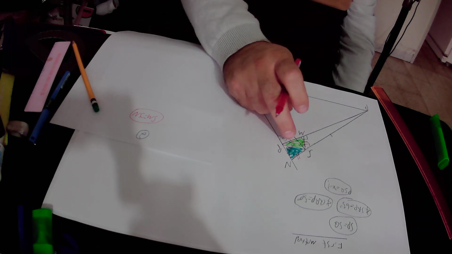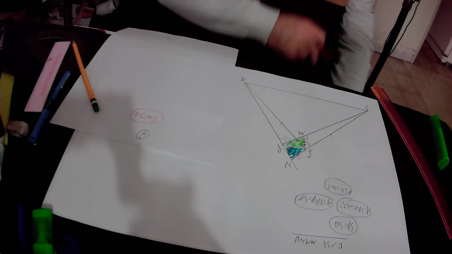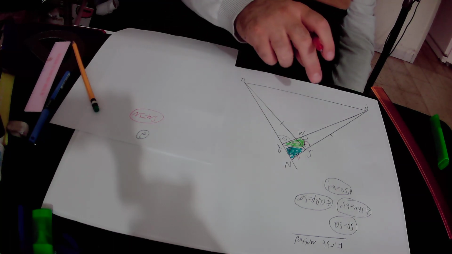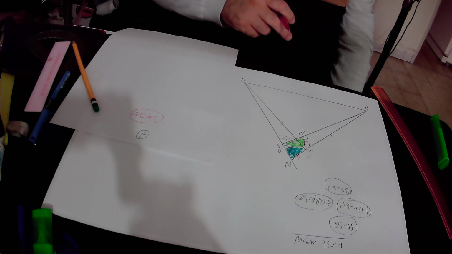The green triangle is congruent to the blue triangle, therefore the two corresponding sides, SM and SN, will be equal to each other.